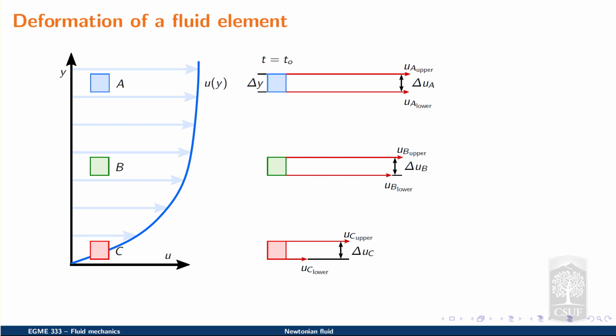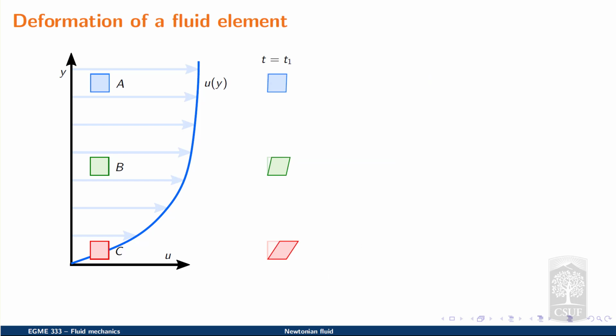If we monitor the shape of each fluid element, then we can observe that as time increases from t0, all three fluid elements are going to experience some form of shear strain, where fluid element C will experience the largest amount of shear strain and fluid element A will experience the least amount of shear strain, as illustrated by the red and the blue elements respectively.